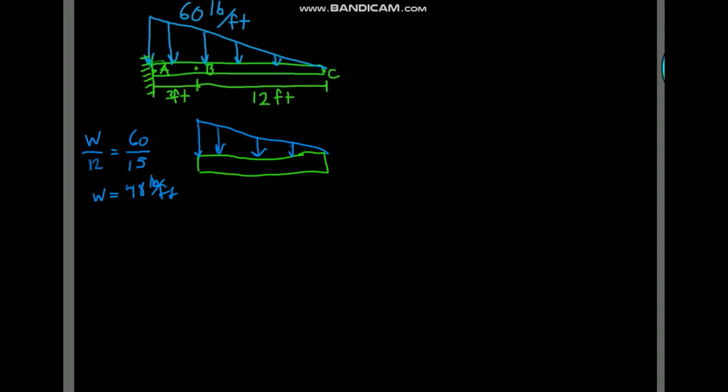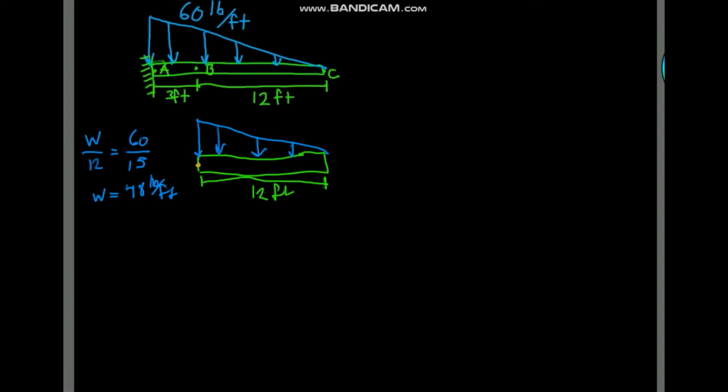So let's draw this. I forgot to draw the total distance of the member here. This is 12 feet. So we'll have some internal loadings going on here. And initially, we're just going to solve for the three basic ones: normal force, shear force, and the internal moment.